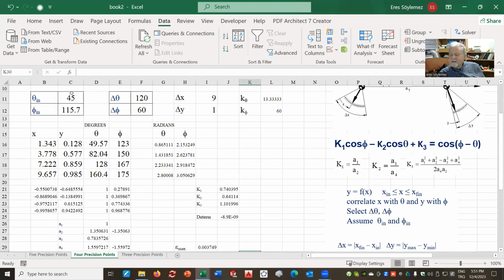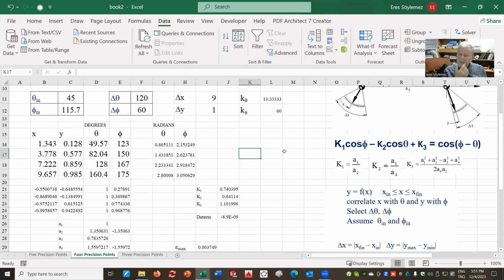Depending on these angles, because K1, K2, K3 values that you have obtained are from the first three precision points, as you can see. This is a good way of performing synthesis.